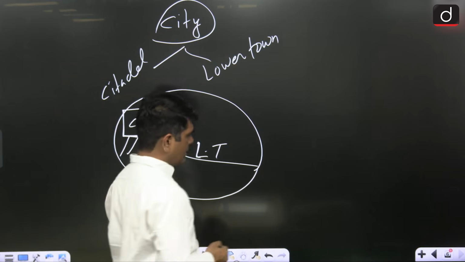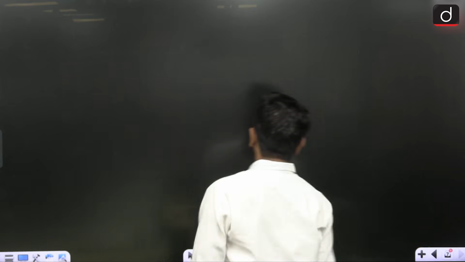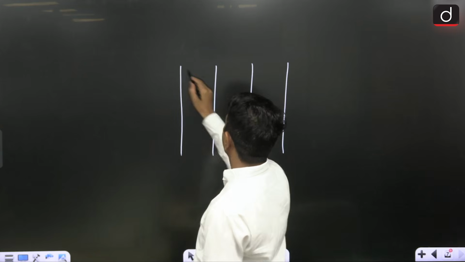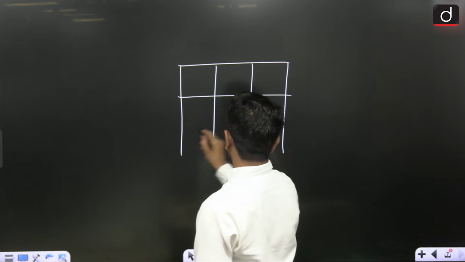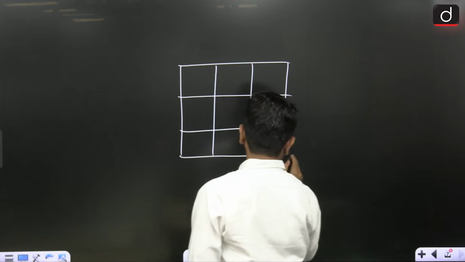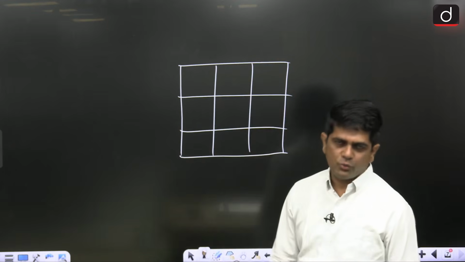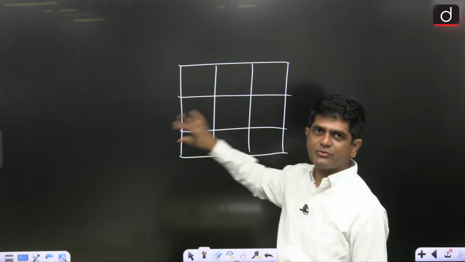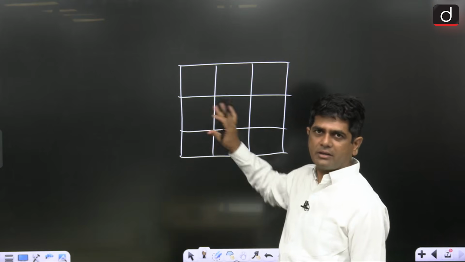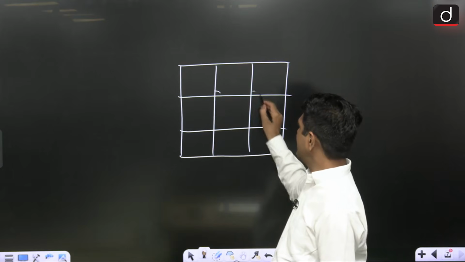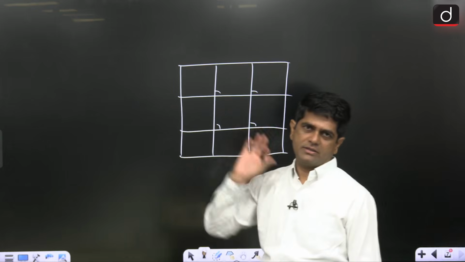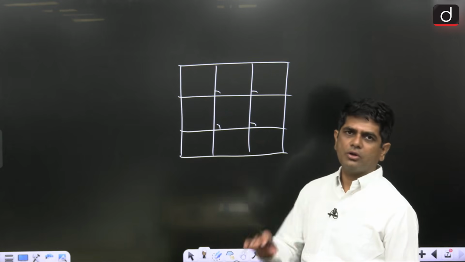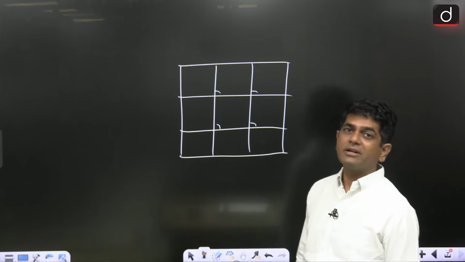Now the third is about the layout of the roads. Normally, the main roads in Harappan towns were laid down in the north-south and east-west directions and cut across at around a 90-degree angle. This made many Harappan towns follow the principle of a grid system.